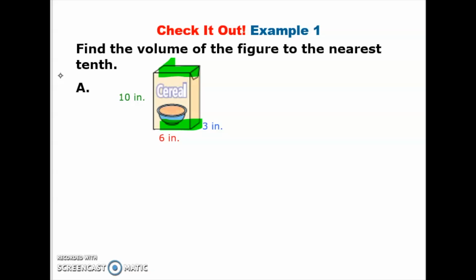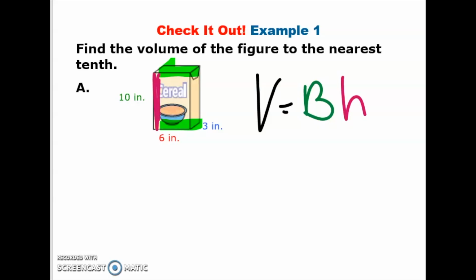So we're going to go ahead and start finding our volume, which is area of the base times the height. That would tell me how many layers. So the height would be the distance from top to bottom of the cereal box. So we'll go ahead and think about our base area. This is always going to be a formula.